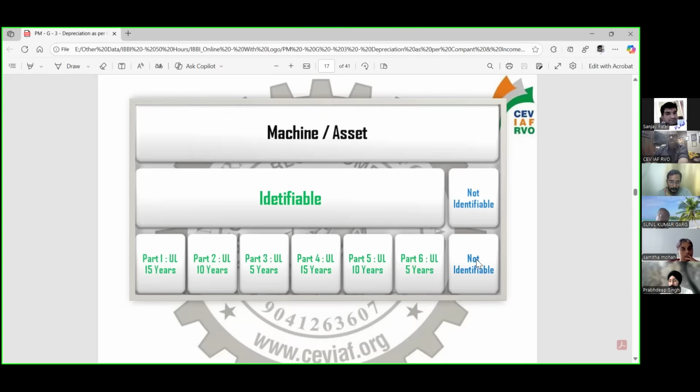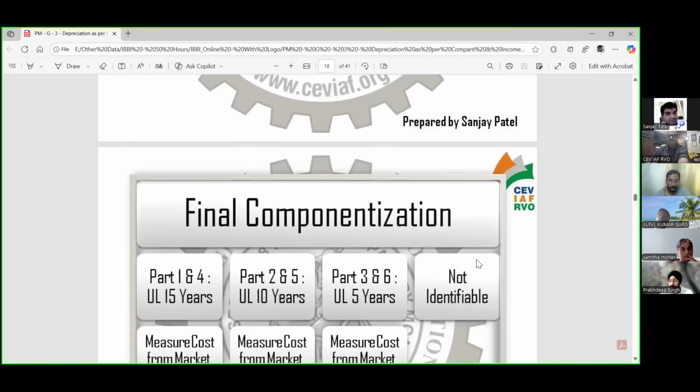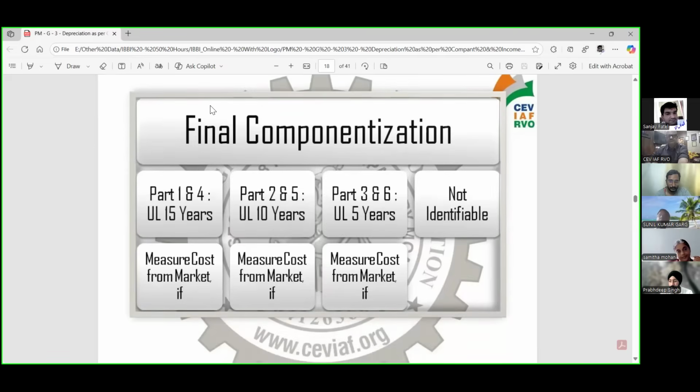तो क्या करते हैं यहाँ पे, we are making the club कि भाई जिसकी यूजफुल लाइफ एक थी, part 1 and 4 यूजफुल लाइफ 15, जिसकी कॉस्ट आइडेंटिफाई हो सकती थी, पार्ट 2 and 5 जिसकी यूजफुल लाइफ 10 थी, सेम है, it is not significantly different, so we are making one part. After the end of the exercise we are making 3 components which are identifiable with cost and useful life, and one component which is not identifiable.